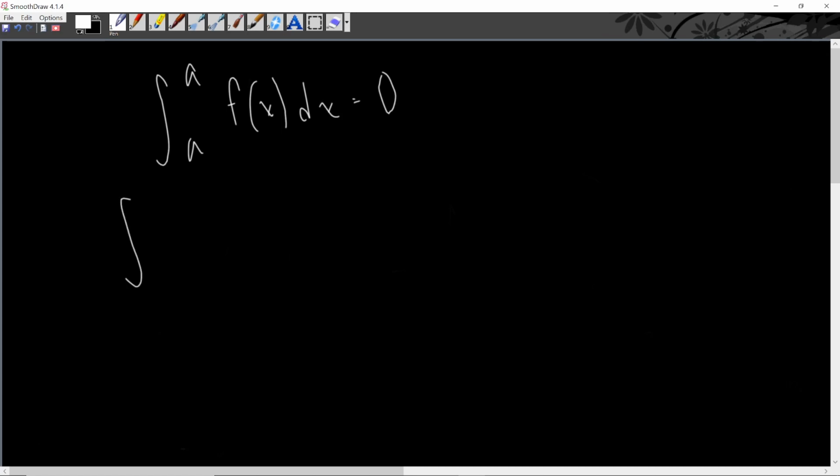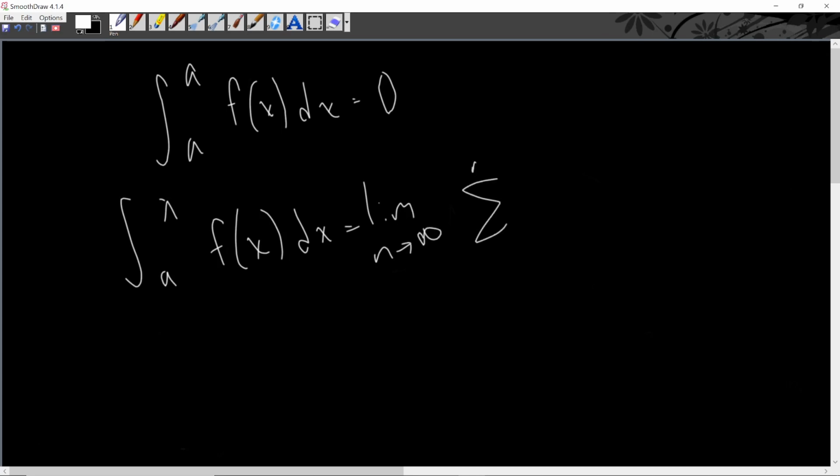If we're doing an integral from a to a of f of x dx, that's going to be equal to the limit as n approaches infinity of the series from i equals 1 of f(xi) times delta x, which in this case is a minus a over n, so delta x is going to be 0.